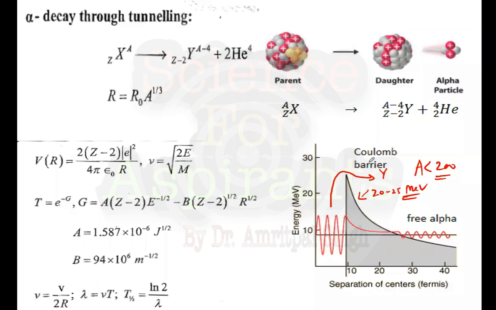That is the quantum mechanical tunneling. On this basis we can find the oscillation frequency, and from the oscillation frequency we can find the decay rate. And this is the famous equation of the transmission probability, where T is the transmission probability of the alpha particle.